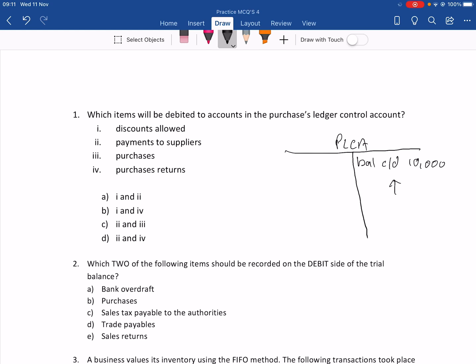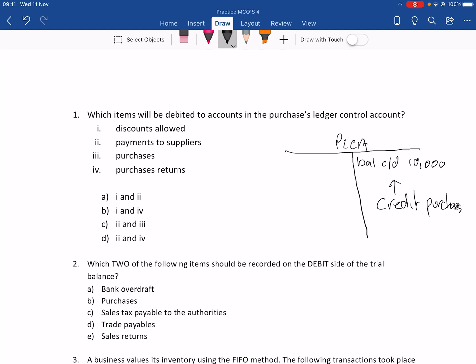And the answer to that was it would be credit purchases. With the sales ledger control account, it will be credit sales. So more credit purchases would increase the amount of money that we owe. So if we owe £10,000 at the beginning of the month and we bought another, say, £3,000 of the goods, then obviously it would increase it.